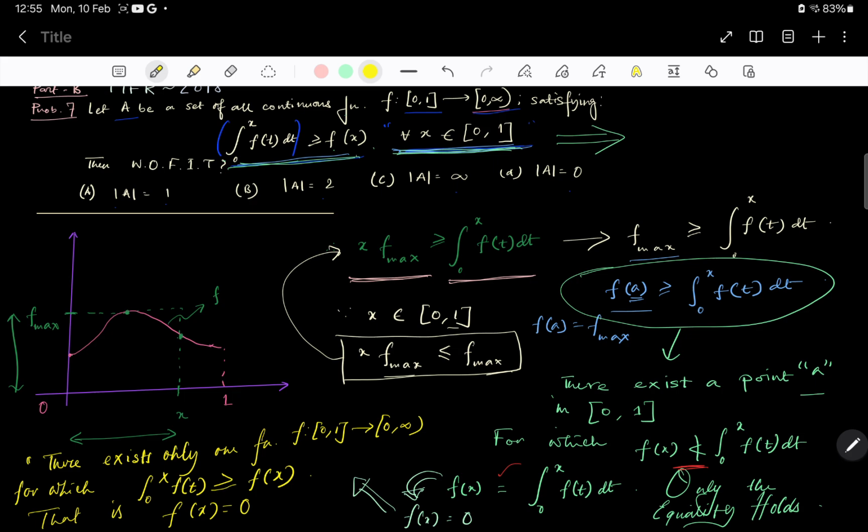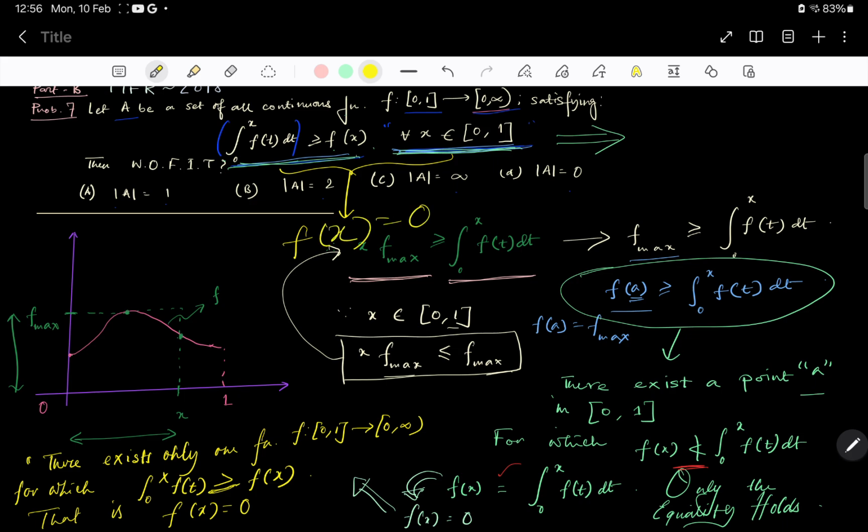Now again I'm writing this inequality because although the bigger-than sign won't work, it is still quite near to this expression, so I'm just writing it, although only the equality will hold, not the inequality. But there is only one function which satisfies this statement, and that is our f of x equals 0.